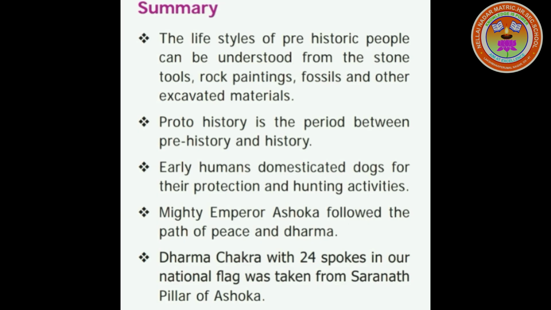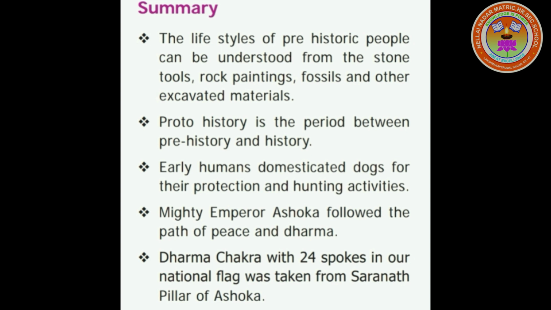Next one is summary. The lifestyles of prehistoric people can be understood from the stone tools, rock paintings, fossils, inscriptions, monuments, copper plates, accounts of foreigners and foreign travelers, and other excavated materials. Protohistory is the period between prehistory and history.